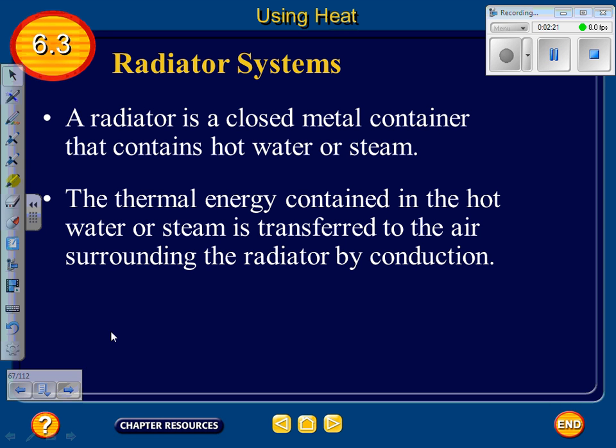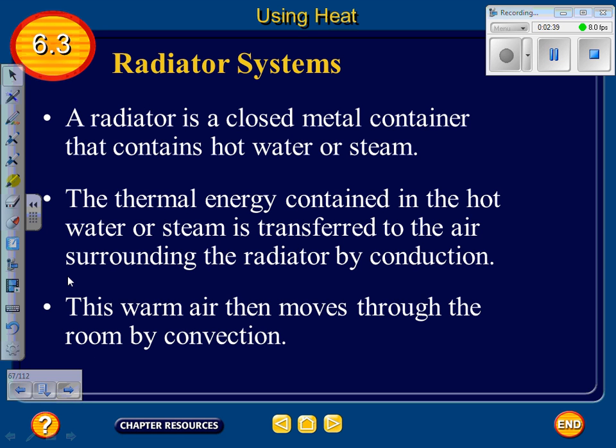If you live in an older house down on the river, there are a lot of those older mansions, and they may still have a radiator system. The thermal energy contained in the hot water or steam is transferred to the air surrounding the radiator by conduction. The warm air then moves through the room by convection.